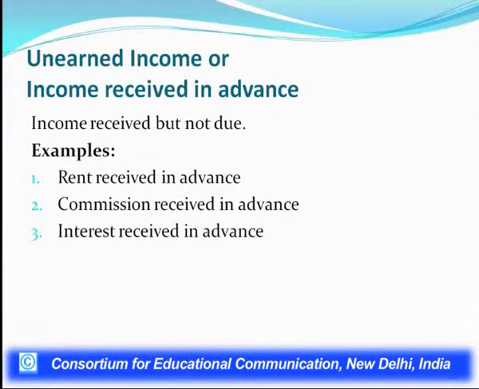Next adjustment is unearned income or income received in advance. Income received in advance but not due. Suppose we have our building, and we have taken advance rent for 3 months on the 1st March. So the 1 month rent will become due in the current year, but the remaining 2 months will be the rent received in advance.